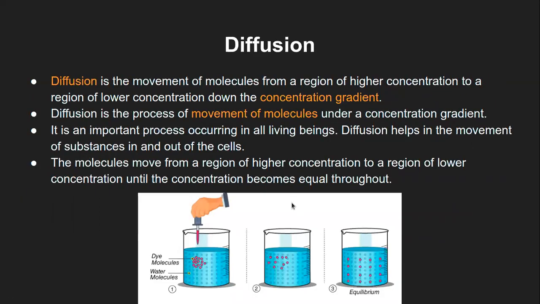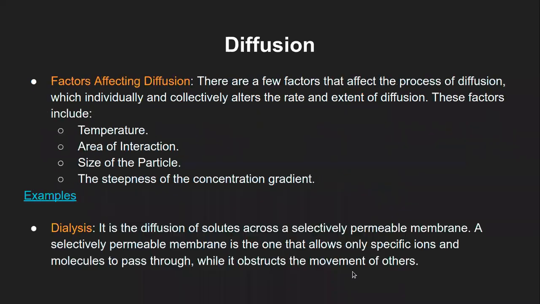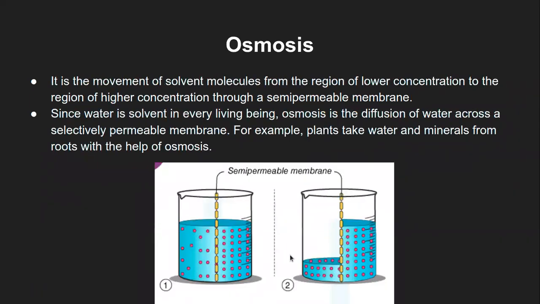Yeah, here you can clearly see, until all these molecules are diffused equally all over this beaker, that is the equilibrium stage, that is diffusion. In case of osmosis also, until there is equal concentration or equal tonicity on both compartments across the membrane, the osmosis process will keep on happening.